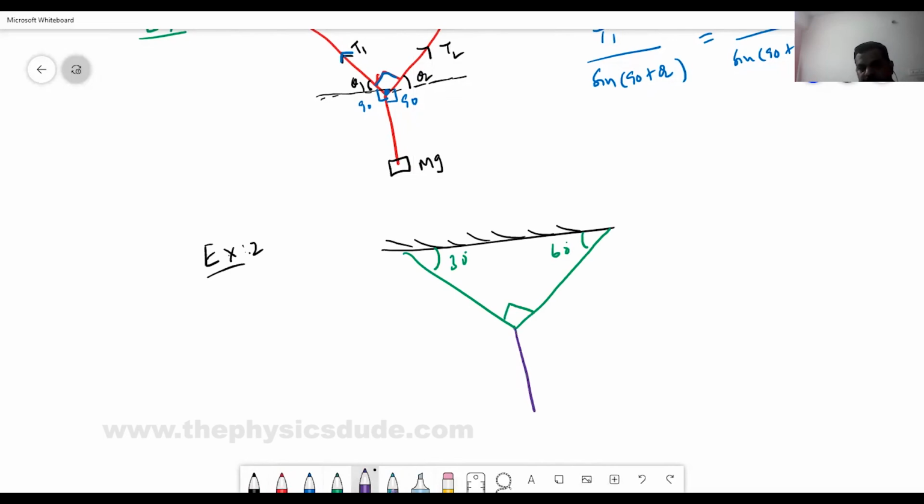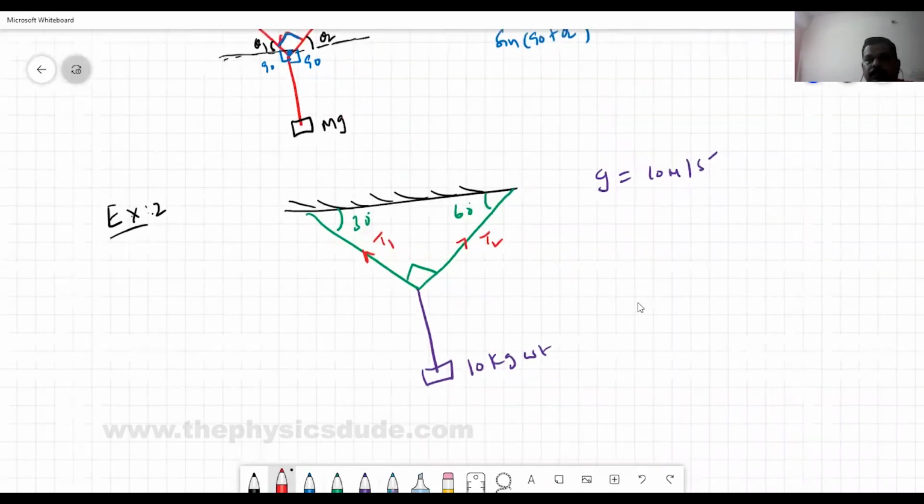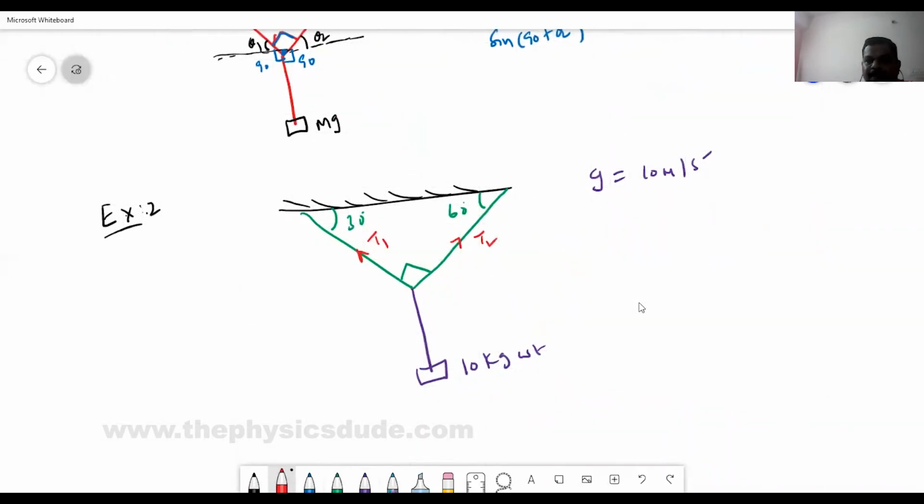And they say that a 10 kg weight is suspended and g is given as 10 meter per second square. And you're asked to find the tensions T1, T2. This problem can be done in two ways, one by resolution, which was already explained. Now I'm using Lami's theorem and I solve the problem very easily. It is easy when compared to resolution of vectors.